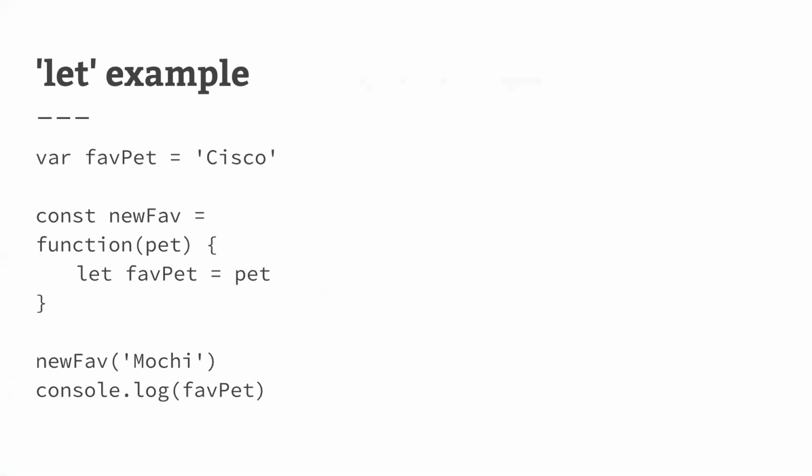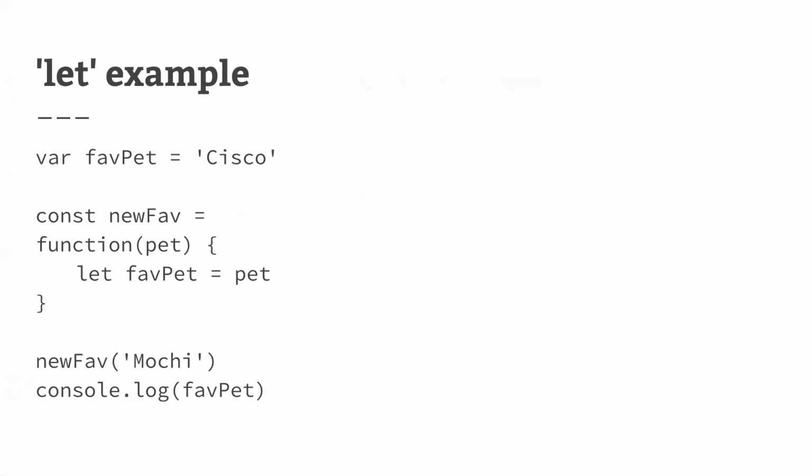So what's going to happen here is we define the global favorite pet to be Cisco. Then we have new fave, and new fave has a parameter pet. For the duration of new fave, favorite pet is going to be whatever argument you gave it.